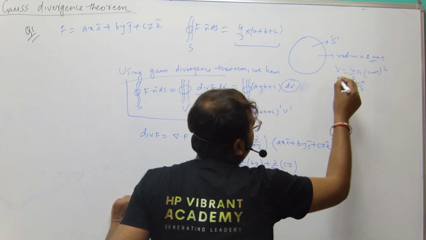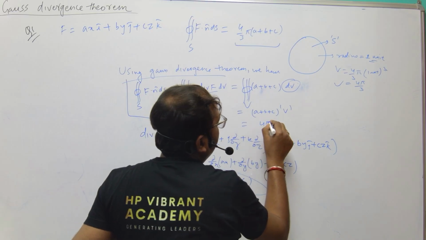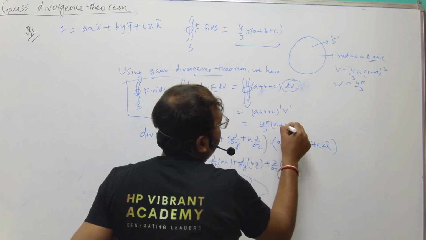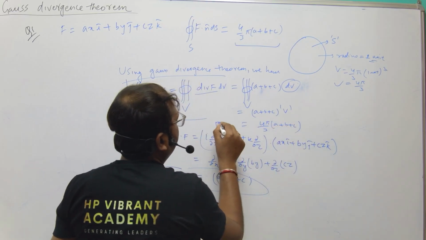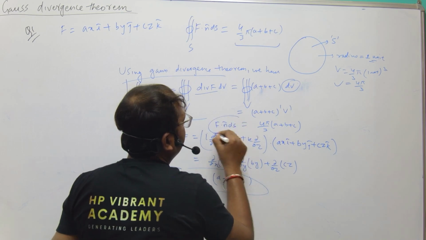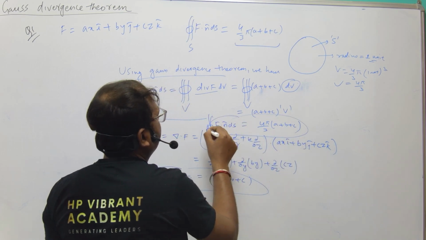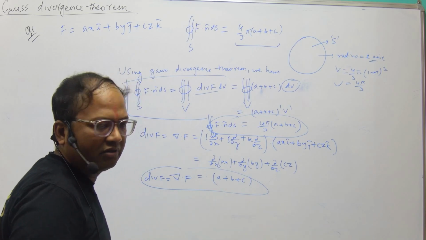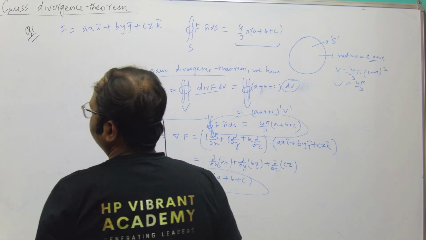So this is equal to 4 pi by 3 times (a plus b plus c), which is the surface integral of f dot n cap ds. Now let us discuss question number 2.